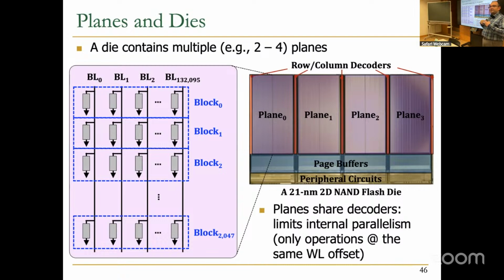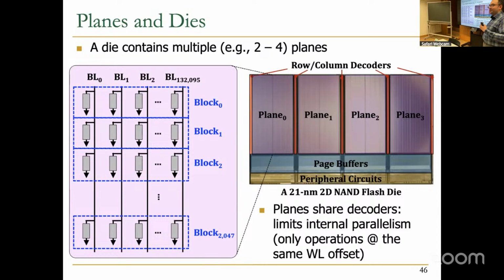So if you want to do the same operation, like a read operation, and the offset in the planes is exactly the same, then you can do it in parallel. That's a multi-plane operation. There is a command for NAND flash memory for multi-plane operations.